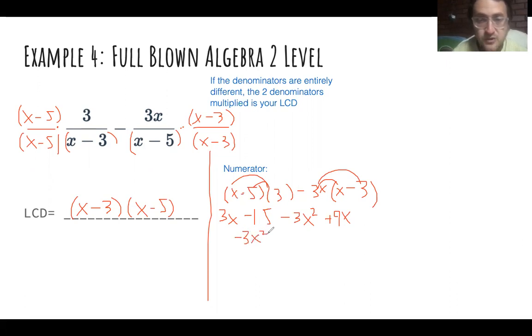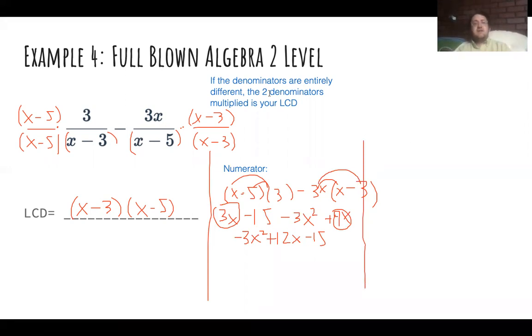Now I get to be in standard form. 3x plus 9x is going to be 12x minus 15. And then my answer is simply our numerator over our LCD.